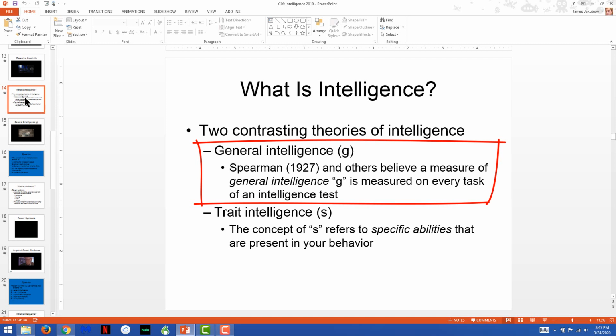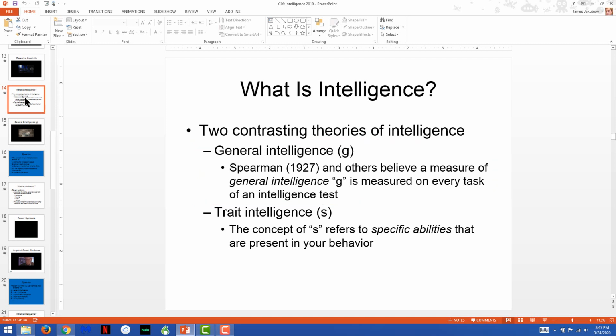So for a person that has high general intelligence, they should have a greater capacity to learn things in general, and a person with low general intelligence should have more difficulty in a general sense learning about anything.